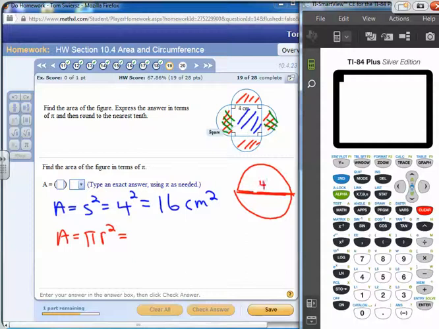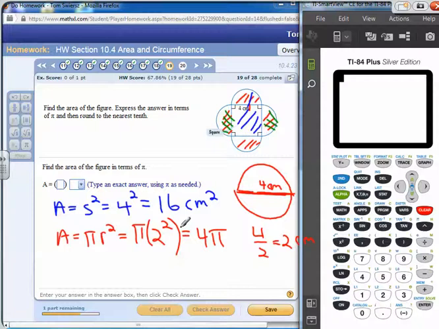So the diameter is 4 centimeters, so cutting it in half gives the radius, so 4 divided by 2 would be 2 centimeters, the radius of the circle, right? From here to here would be half. So then the area of the circle is going to be pi times 2 squared, the radius squared, which is 4 pi. Now that's the area of one circle.